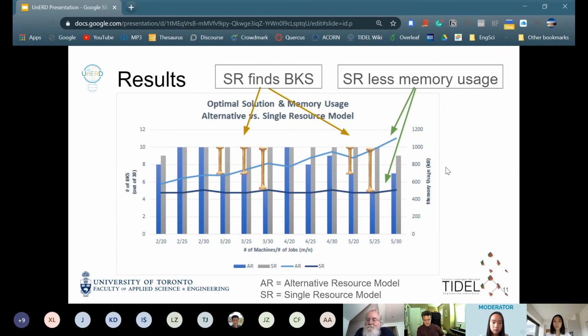So the solver just is not able to find any better solutions between like 5 minutes and 10 minutes. So with testing on those larger problem instances, we can see that this demonstrates the overall trend of the comparison between the two models. Thank you.